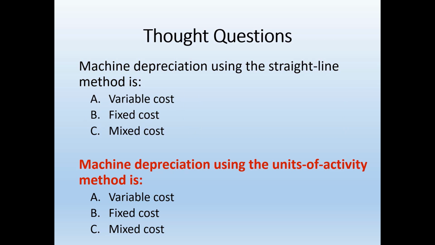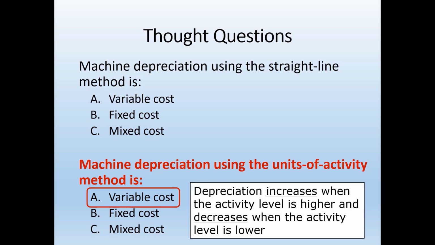What about machine depreciation using the units of activity method? In this case, depreciation would be a variable cost because the units of activity method determines depreciation based on an activity measure, like how many machine hours are used or how many soda bottles are capped.